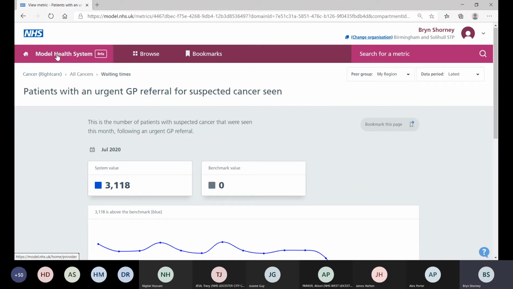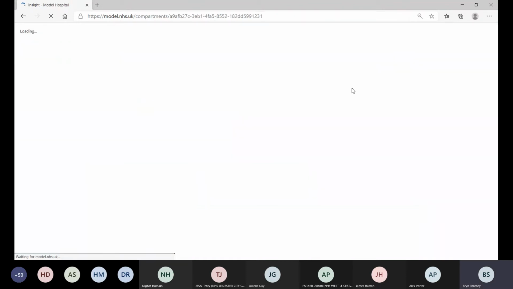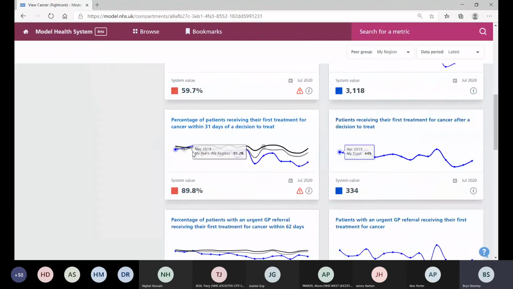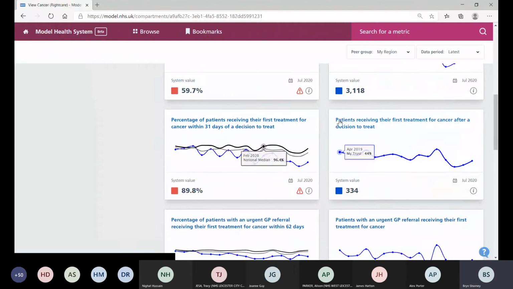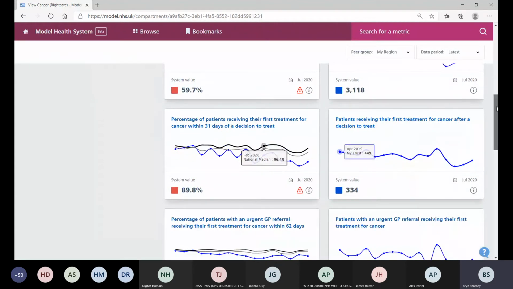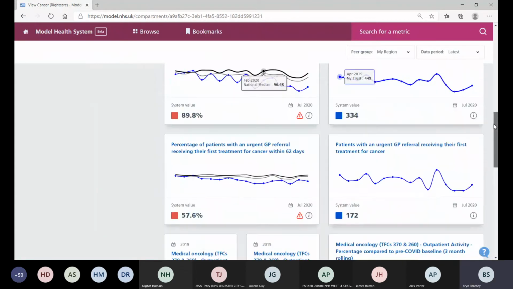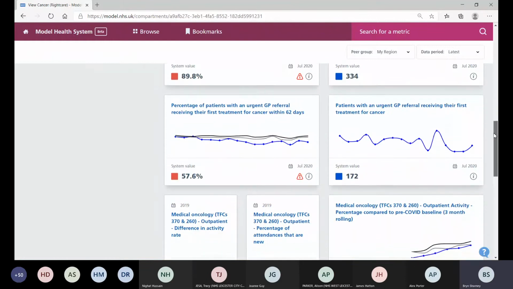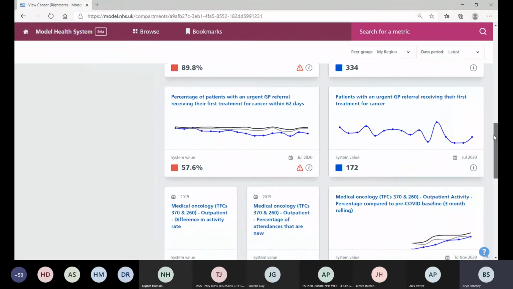Again, I'll go back to that compartment. We've got the percentage of patients receiving the first treatment within 31 days, and this one within 62 days.